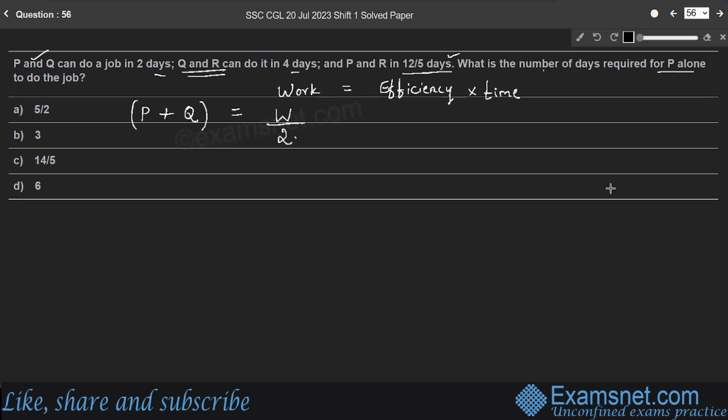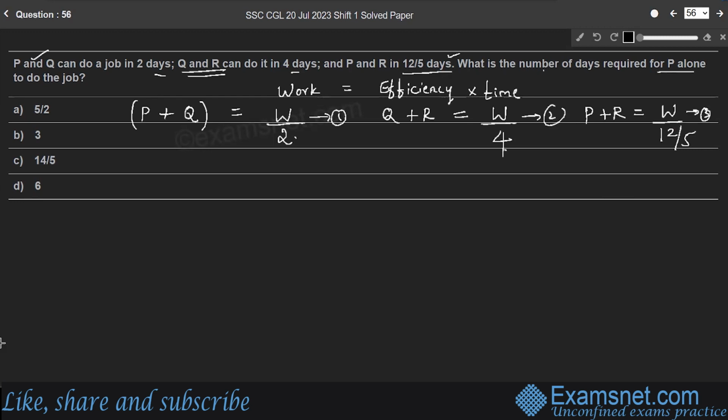Whereas Q and R. So Q plus R, right? So work done per day by Q and R together is equal to W by 4 days, right? Whereas P and R, P plus R, their efficiency is W by 12 by 5 days, right? So now consider these equations as 1, 2 and 3 respectively, right?